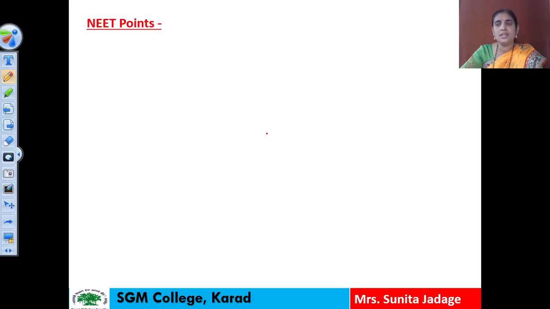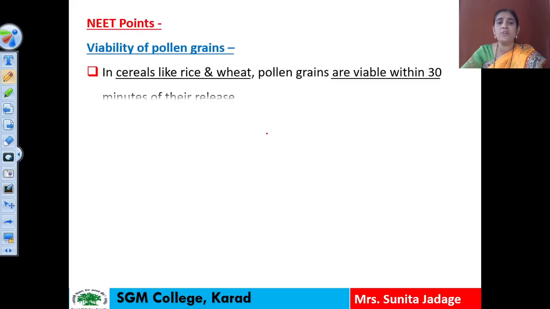Now the second point related to the pollen grain is the viability of the pollen grains, meaning how much time the pollen grains will remain viable, that is they are alive or they are responsible for germination, that is known as viability. So in cereals like rice and wheat, the pollen grains are viable within 30 minutes of their release, meaning a very short period of viability is there for cereal plants like rice and wheat.